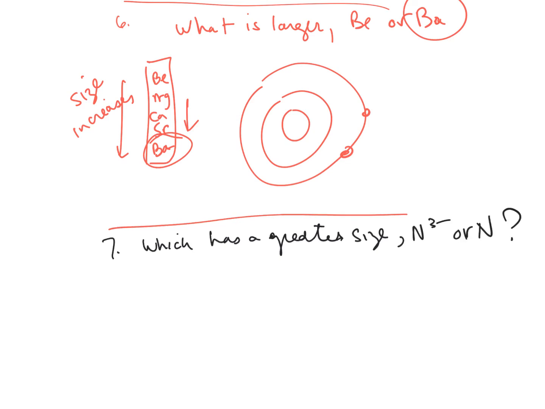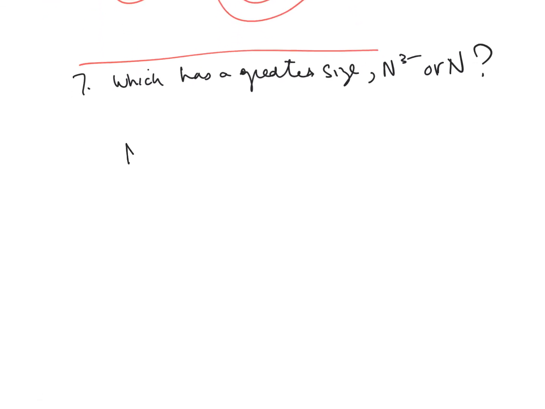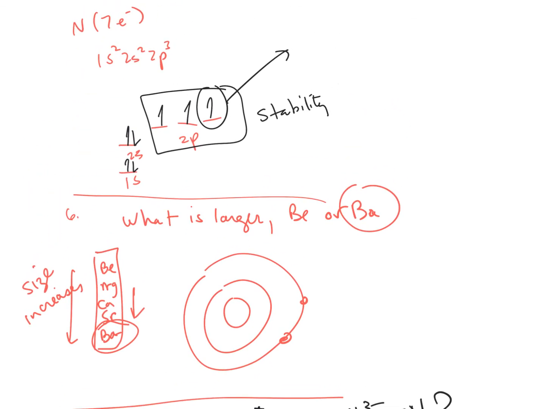Okay, that's another question related to all of this. And nitrogen neutral has 7 electrons. N3 minus, you've added 3 electrons, and N3 minus, that's going to be 10 electrons. I think I had a mistake. Where was that?